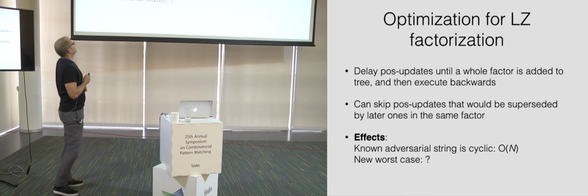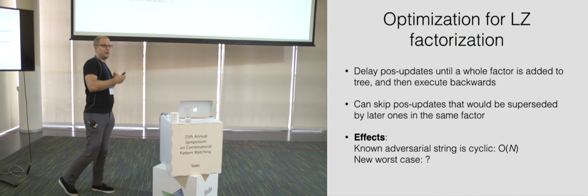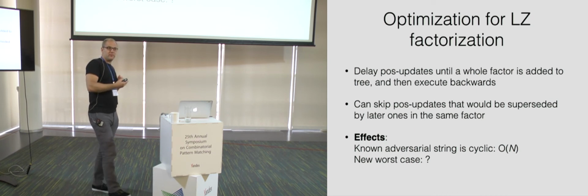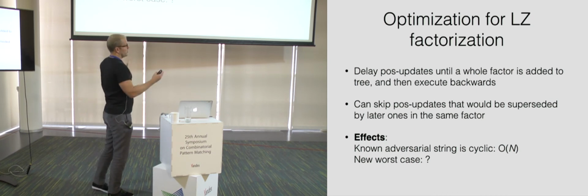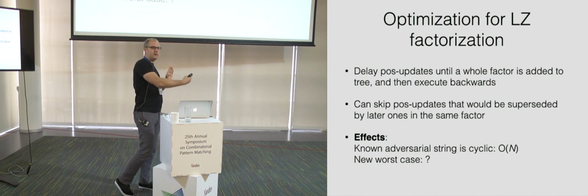This is a bit more interesting. In the case where we use this for what we would usually use it for, the Ziv-Lempel factorization, we don't have to update every time. We can wait until we get to the end of the current factor. And then we can do the updates for that whole factor backwards.